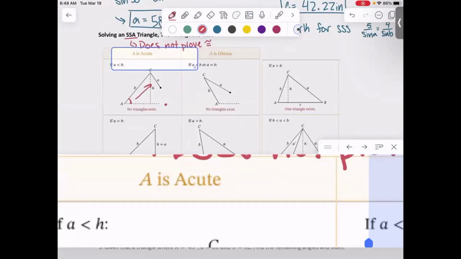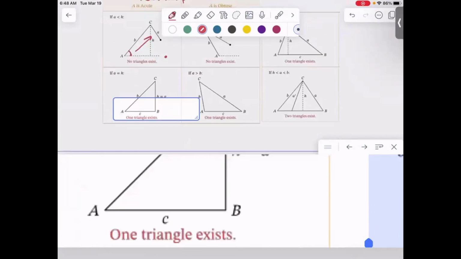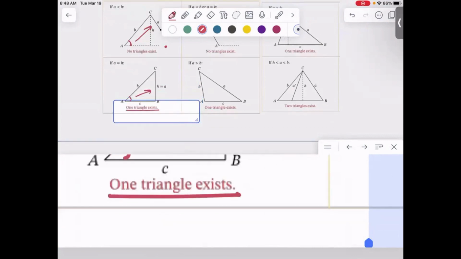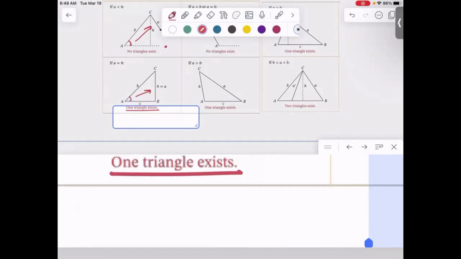If A is acute, and it equals the height of my triangle, then we will get one triangle. So we can see that happening here. Sometimes when A is acute, I get no triangles. Sometimes when A is acute, I get one triangle. So this is why we have to do some testing that we'll talk about in a minute.